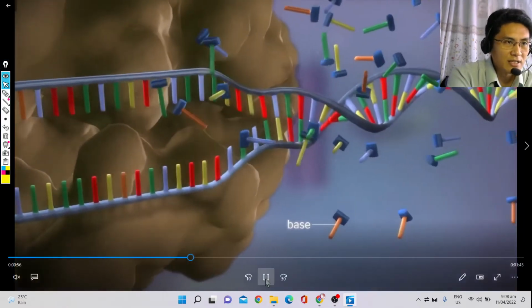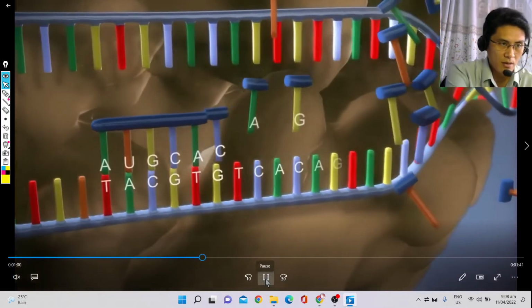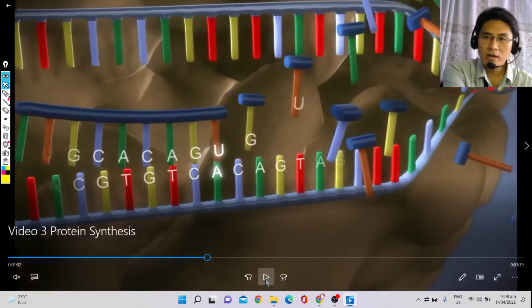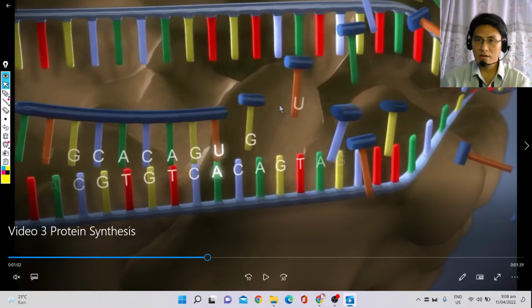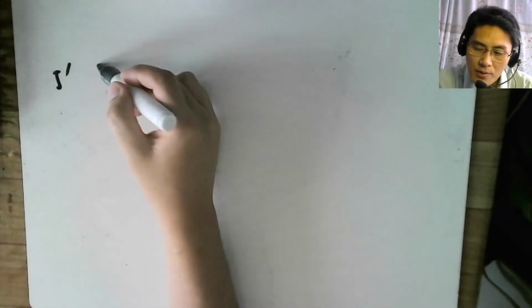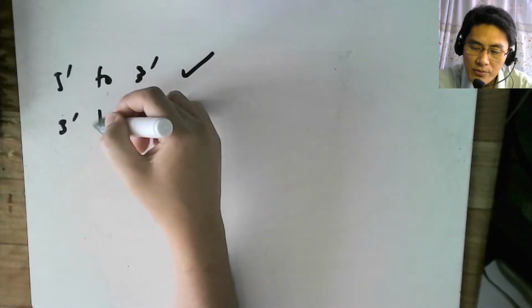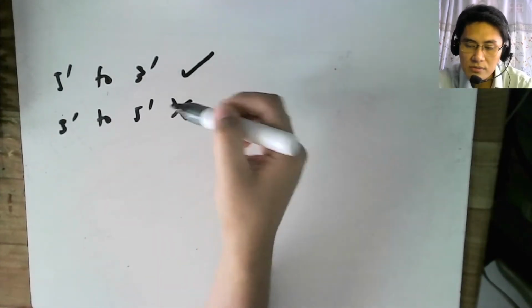And then it pulls in RNA bases and base pairs with them. And importantly, when this RNA strand is being built, just like with the DNA polymerase, it can only be built in the 5' to 3' direction. It can never be built from 3' to 5'.